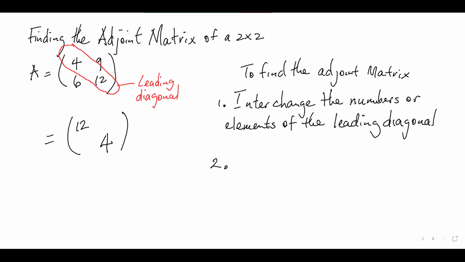All right. So we interchange the leading diagonal. That's step 1. We have one more step to go. And the last step, we're going to multiply the non-leading diagonal by -1. So now, this is your non-leading diagonal.